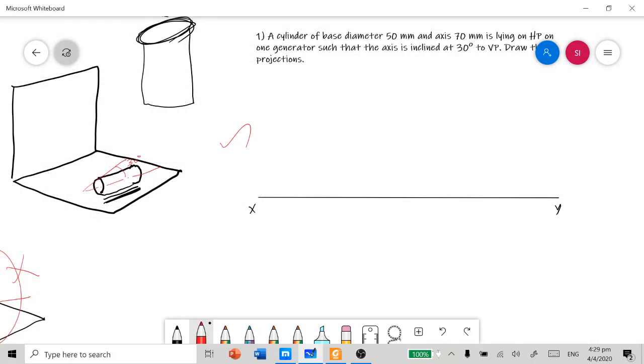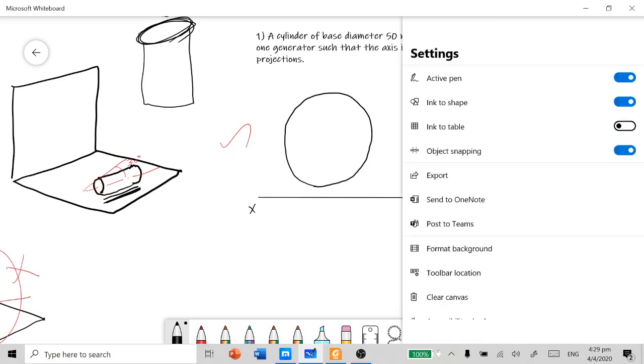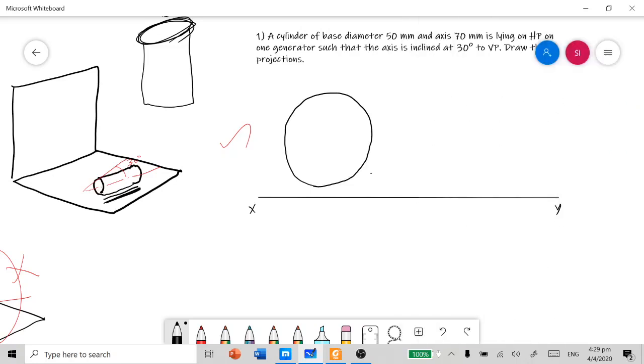In the front view we draw a circle as the base view, and that circle should touch the XY line because the solid is going to rest on HP.